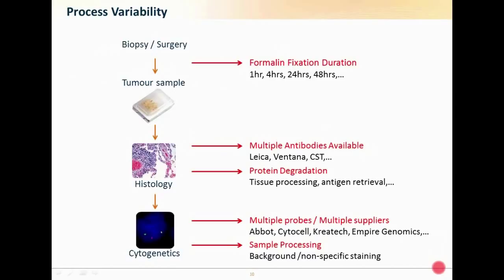And certainly for IHC, that would then impact on whether or not you get efficient antigen retrieval and then get a good stain using your antibody. Likewise for FISH, this may impact on background or non-specific staining.